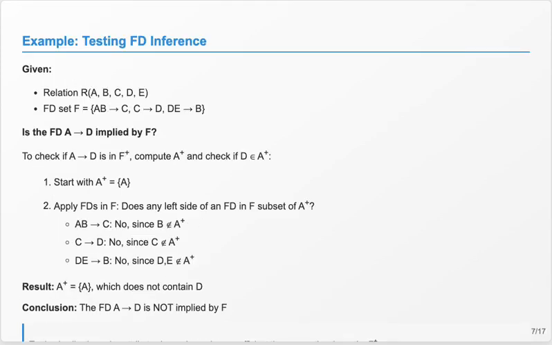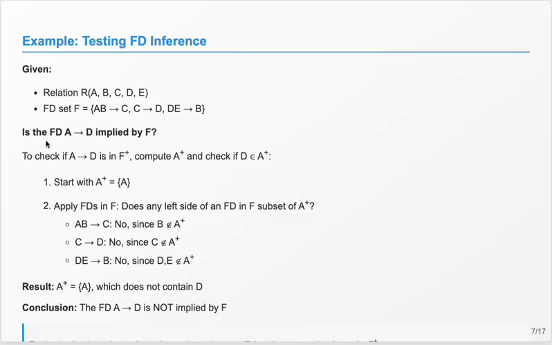Here's another problem. Given the relation R with attributes A, B, C, D, E, we have the functional dependencies A, B determines C; C determines D; and D, E determines B. Sometimes we want to know whether a specific functional dependency can be inferred from the original set of functional dependencies.